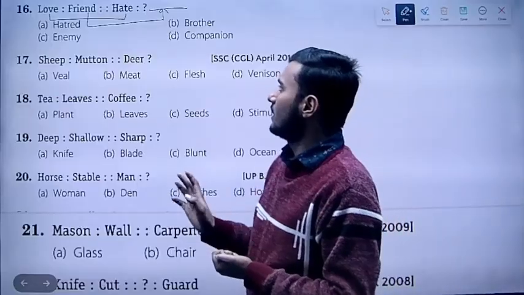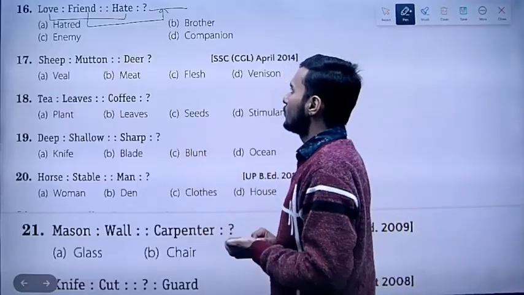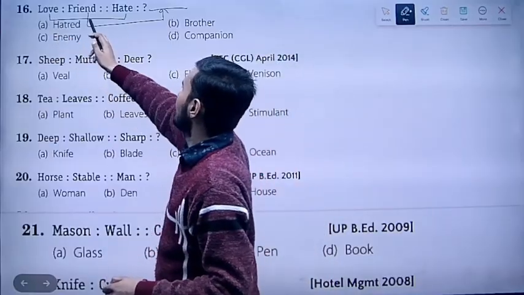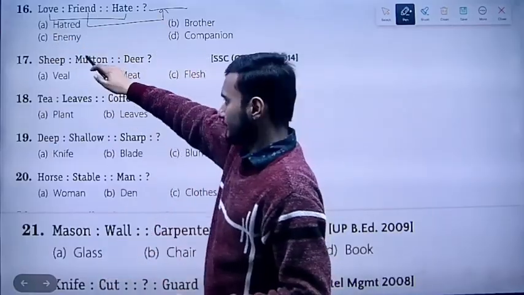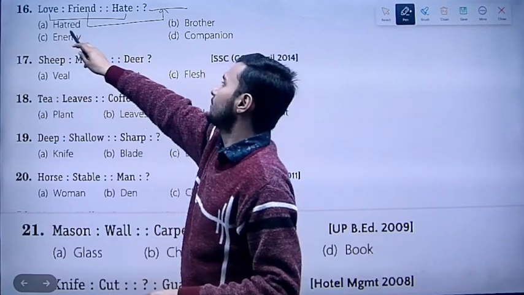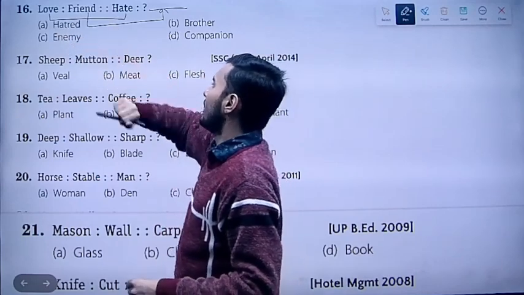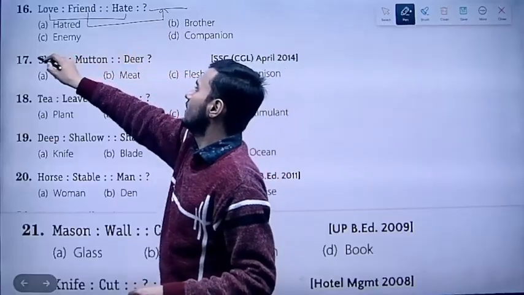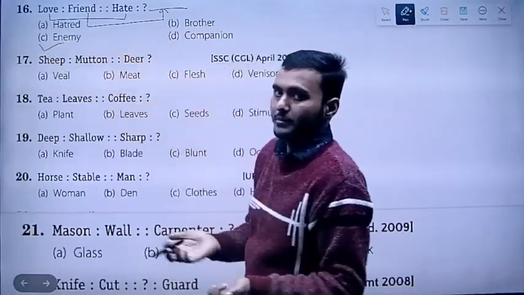Now we found one advanced analogy question where we have to establish a relationship from the first and third place, and the second and fourth place. The first and third place are opposites of each other, so we have to find the opposite of friend. The opposite of friend is option C, enemy. It means dushman.